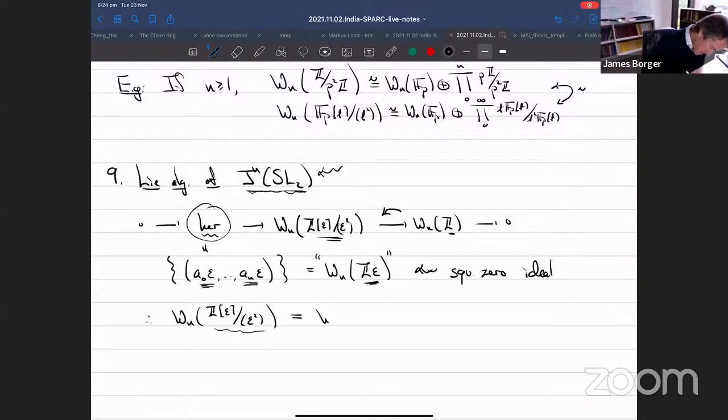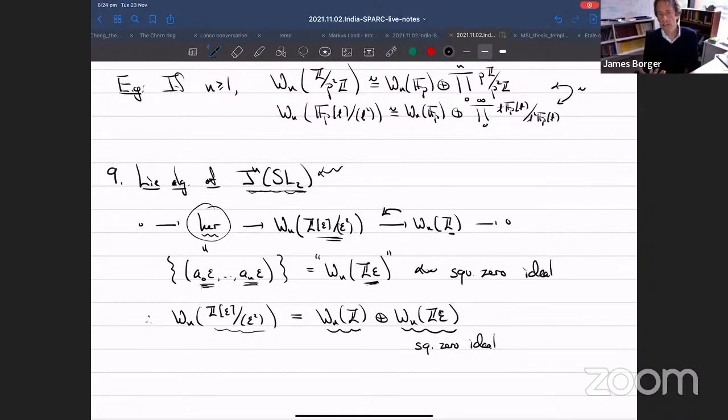So this exact sequence is split. We have this, and this is also a square zero ideal. So if you like, it's a module under this ring, and then you can just take a direct sum and view it as a square zero ideal, and then that gives you the ring structure on this.